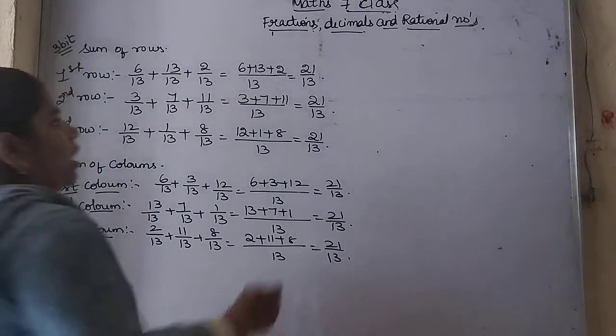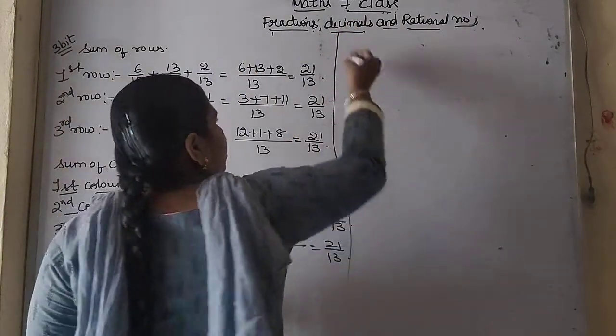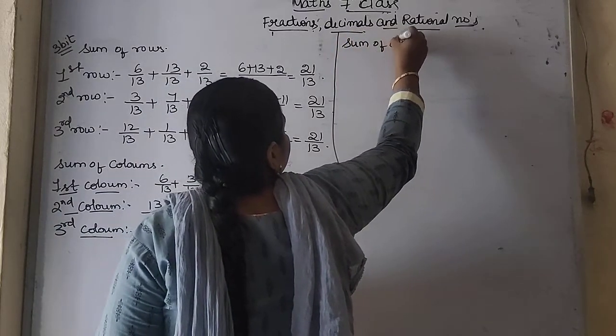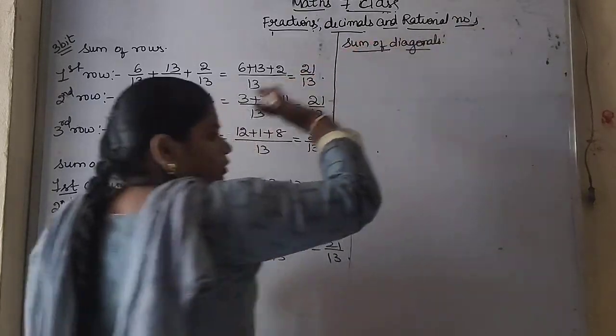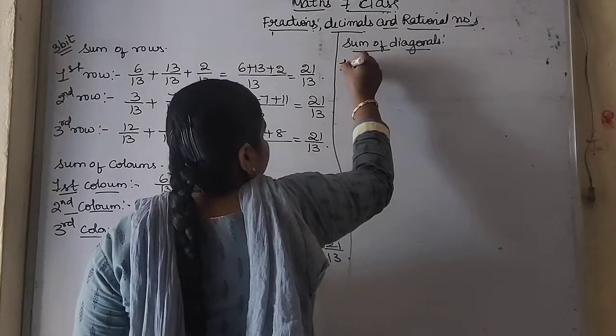Okay, so now we have to do addition of diagonals. Diagonals means crossway. So sum of diagonals. So diagonals means crossway in this way. So it is first diagonal.